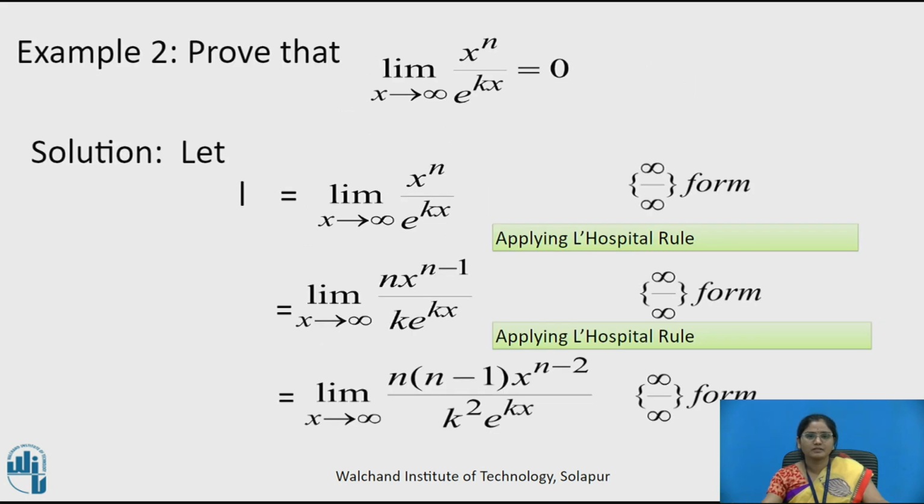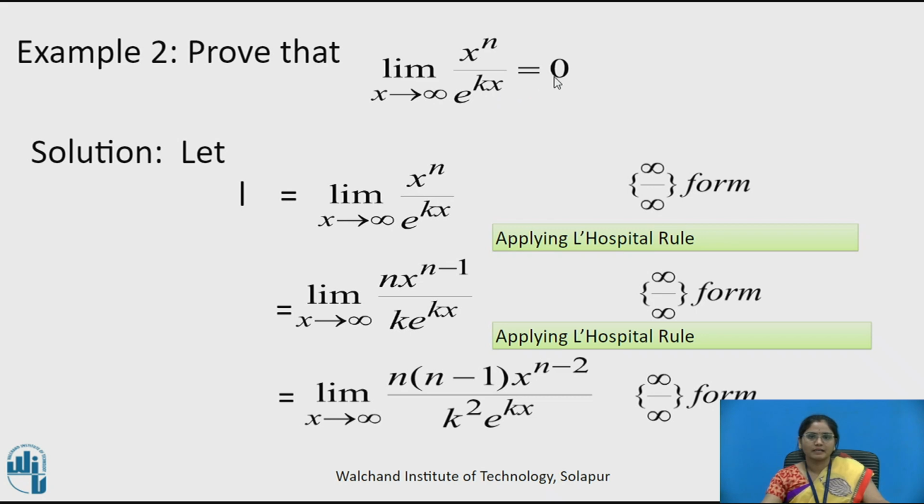Students, take down the second problem. Here, prove that limit x tends to infinity x raised to n upon e raised to kx is equal to 0.